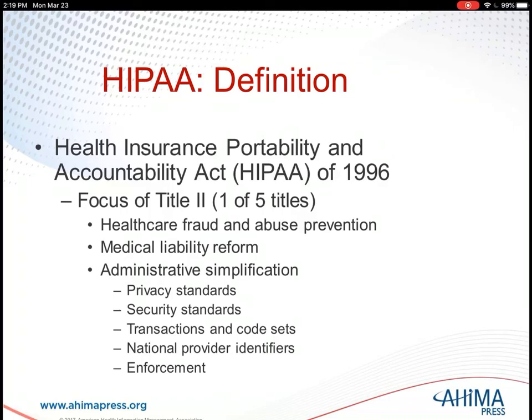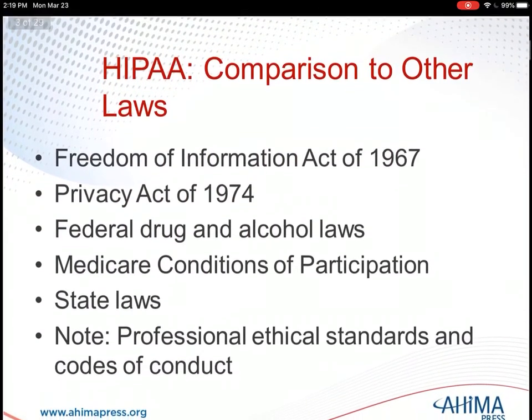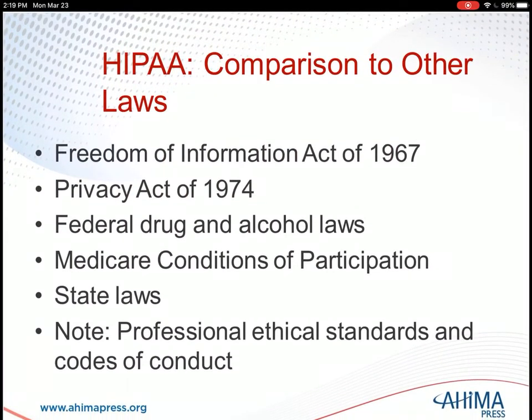Now, the second section in our last slide gets into some of the federal laws that were in place prior to the implementation of the HIPAA privacy rule. It's just going to show us how limited these were in their authority and in their application.